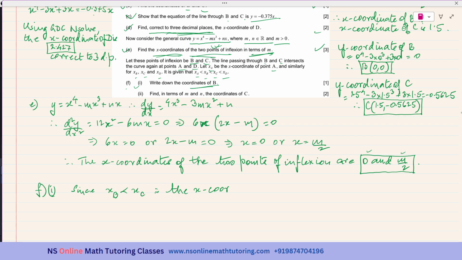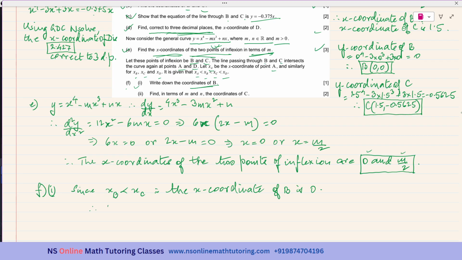So why am I saying that the x coordinate of point B is 0? Because XB is less than XC, and m is a positive number, so m over 2 will be a positive number which will be more than 0. So the x coordinate of B is 0.